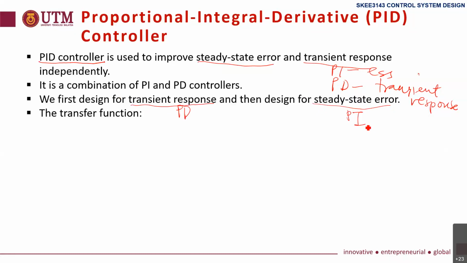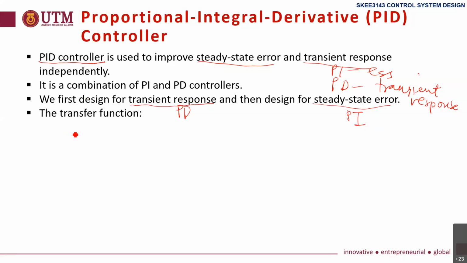So the sequence is PD, then PI. As we already learned before, PD is more difficult to design. We need more calculation. PI is simple, just take the number, no calculation. So if you're familiar with PD, then you should be able to do PID.